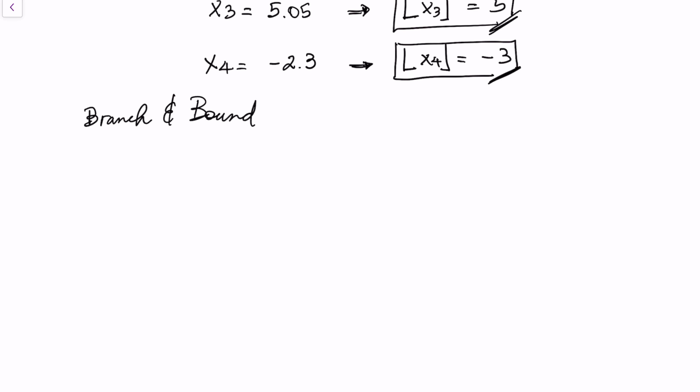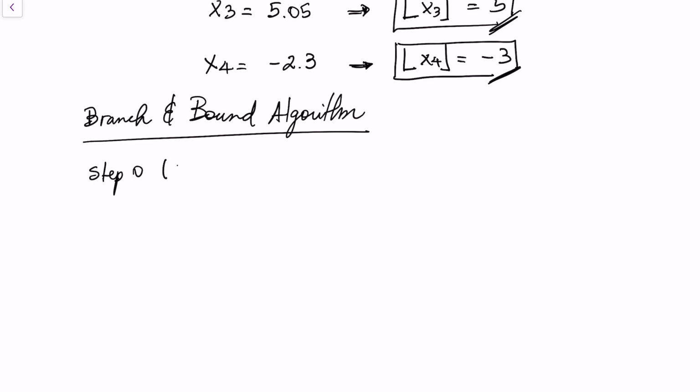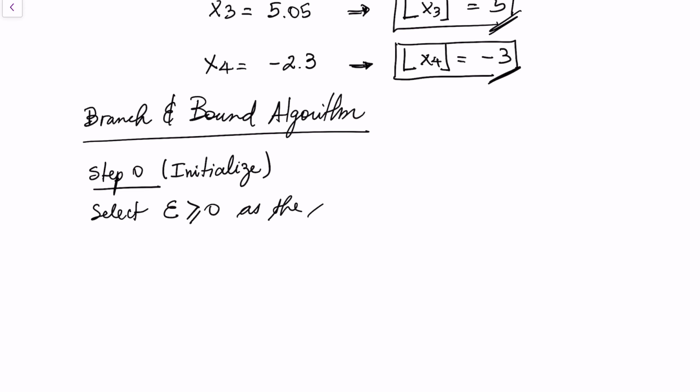And we're going to see that next. Okay, branch and bound algorithm. In step 0, I'm going to initialize the algorithm. We're going to select an error that should be greater than or equal to 0 as the desired tolerance level.